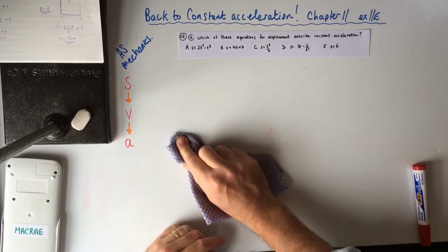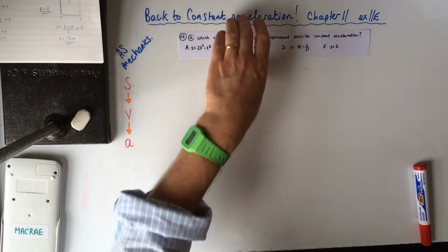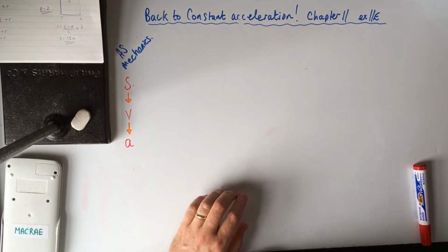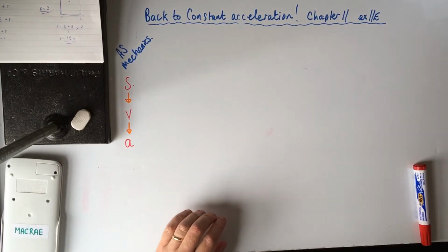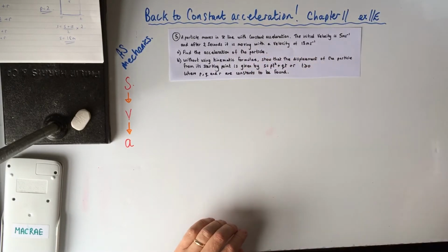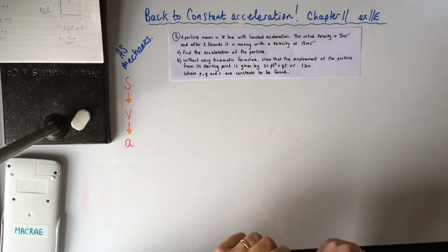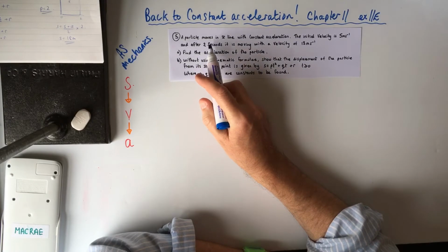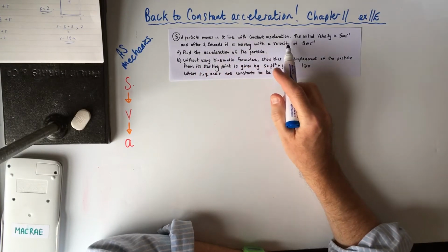So that was number 4. Number 5, I don't know whether I've done this one with the intention that they've done it. It's a bit of a funny question. It says a particle moves in a straight line with constant acceleration.